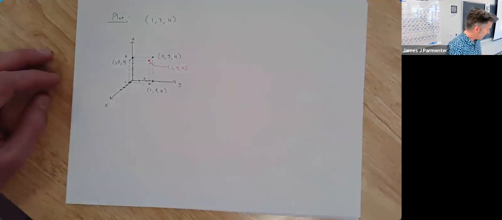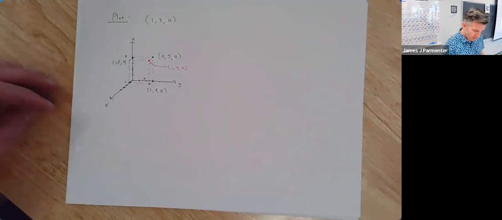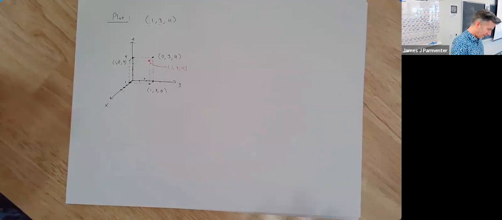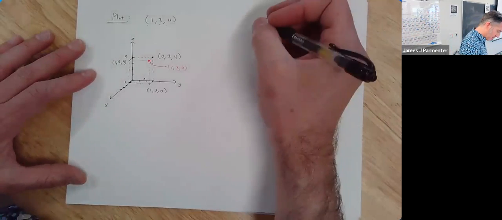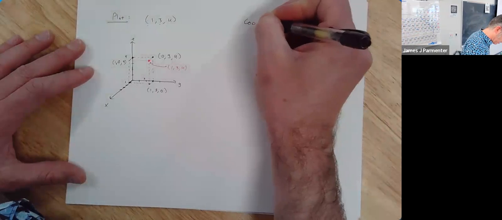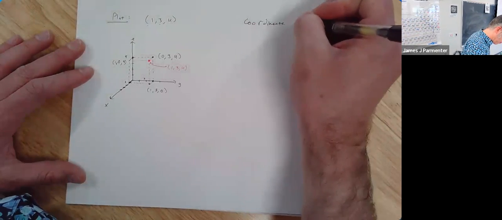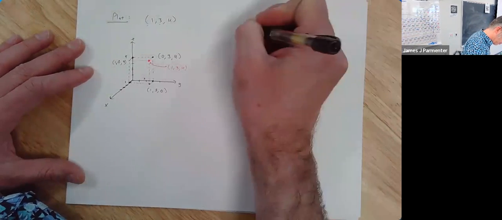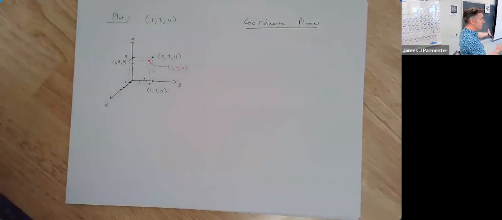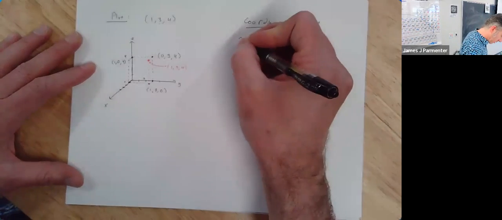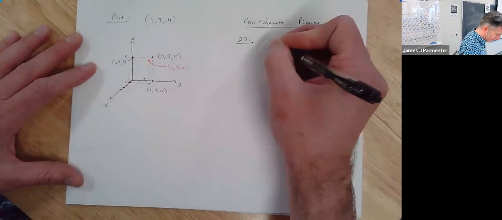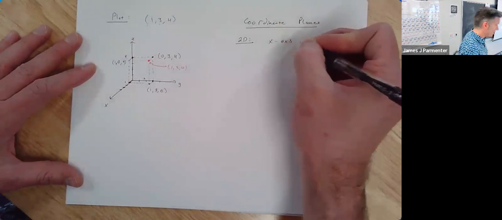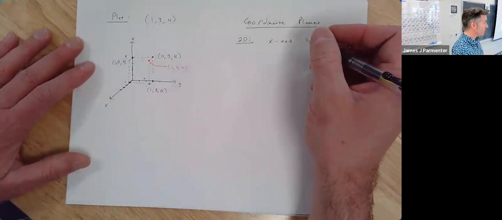What else to say? Lots of things to say, actually. Let's talk about the coordinate planes. So in 2 dimensions, you have the x-axis and the y-axis. Just to back up a little bit, in 2 dimensions, the x-axis is really when y is equal to 0.